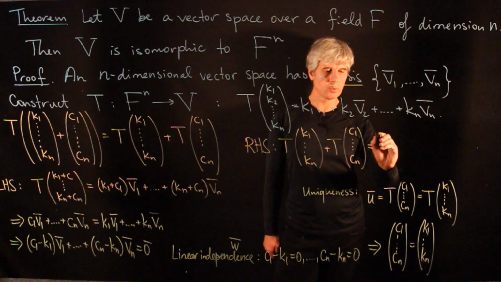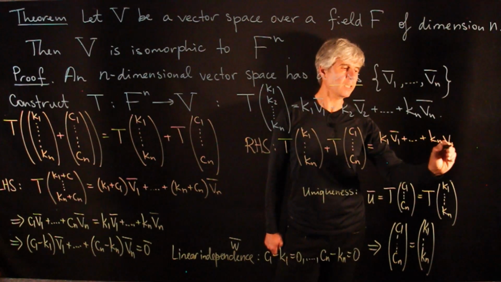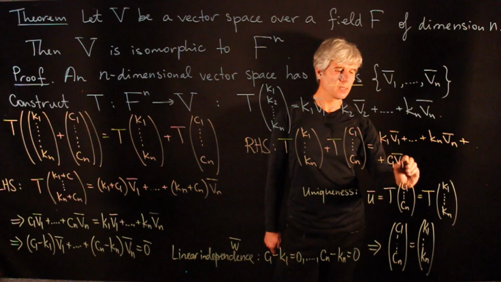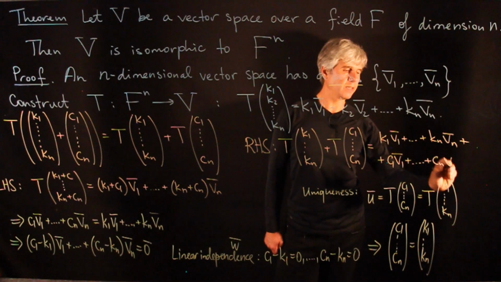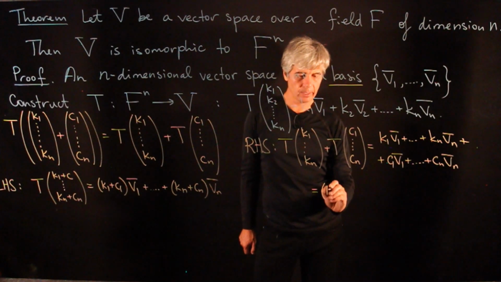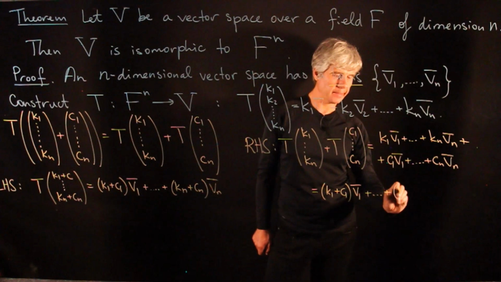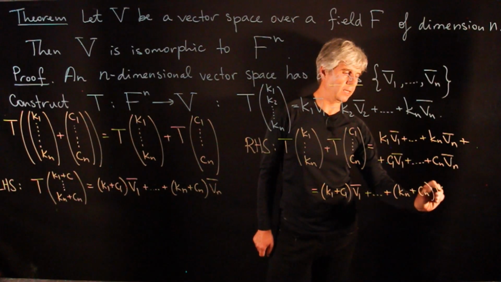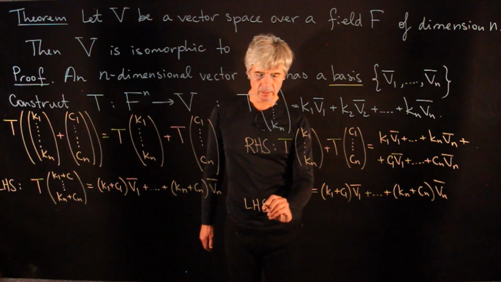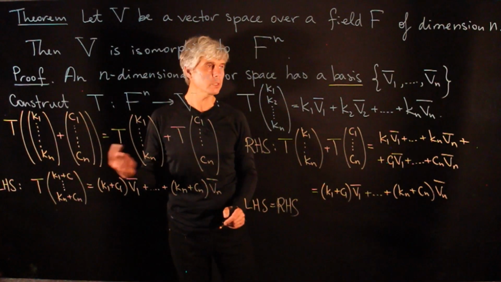So that equals K1 V1 plus ... Kn Vn plus C1 V1 plus ... Cn Vn. Taking the sum, we get (K1 plus C1) V1 plus ... (Kn plus Cn) Vn. And comparing these two, we see that the left-hand side is equal to the right-hand side. So this means that this property holds.